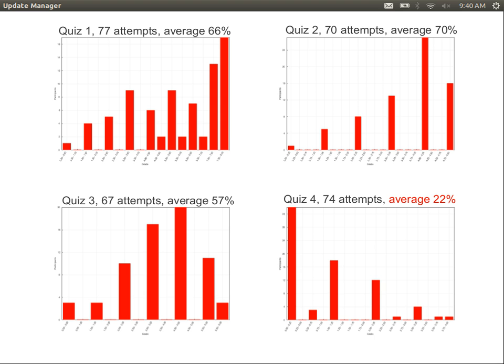Here, 0 marks. Quiz 1, okay, everyone went okay, average was 66%. Quiz 2, still okay, average 70%. Quiz 3, not so bad, still most people are in this area. Quiz 4, look at this. This is, I think, 20 or 30 instances of 0 out of 4.